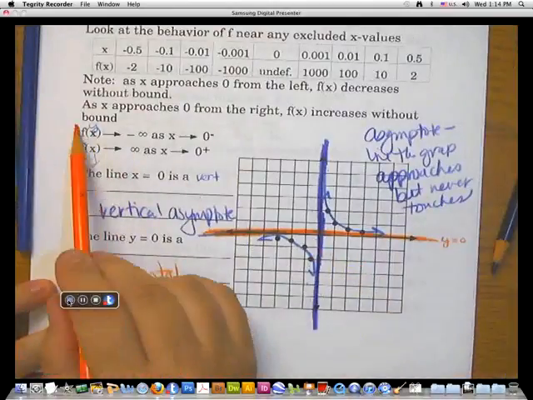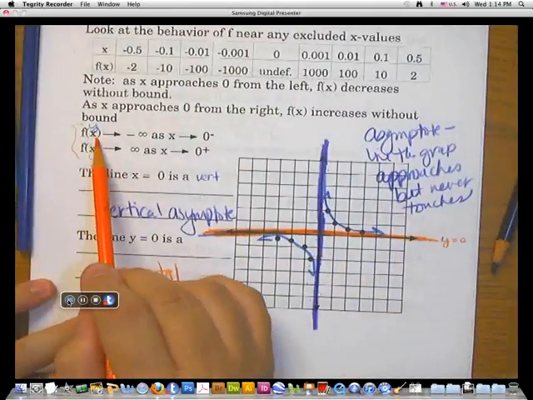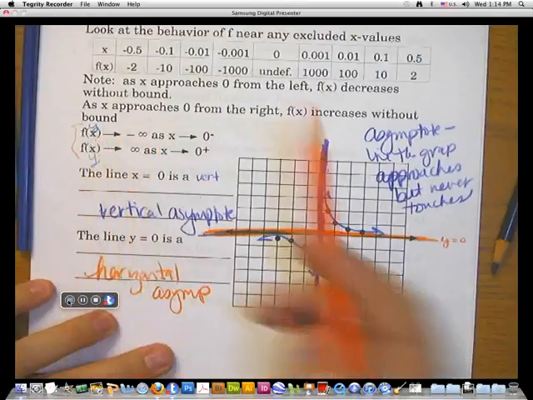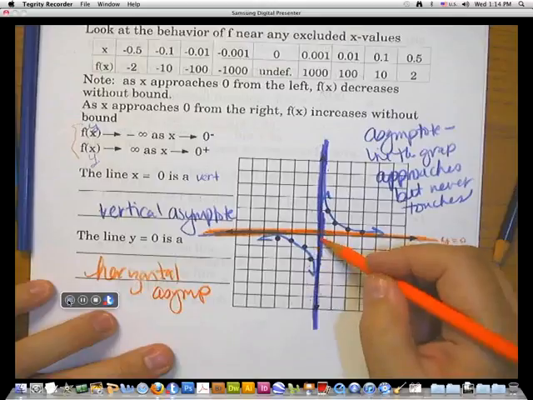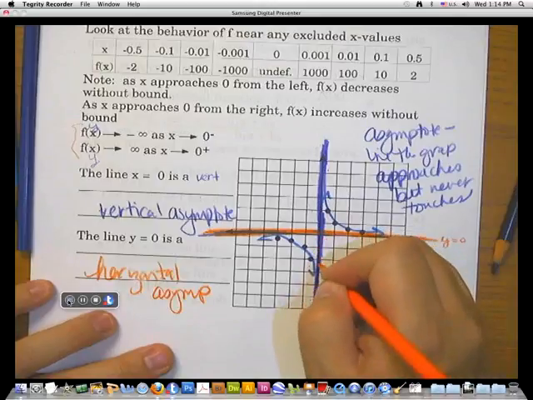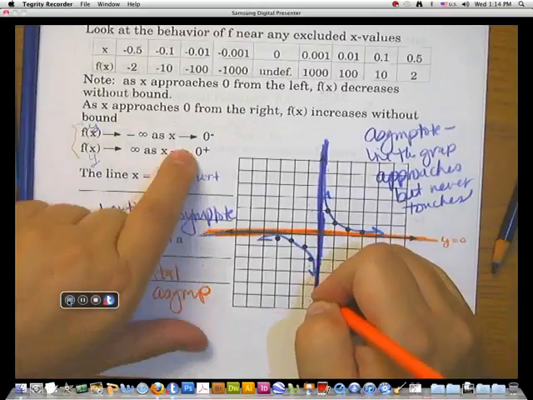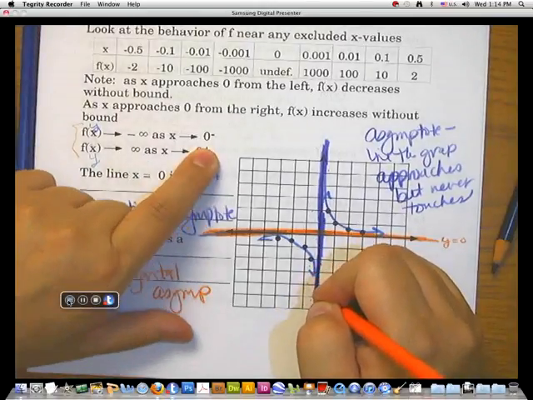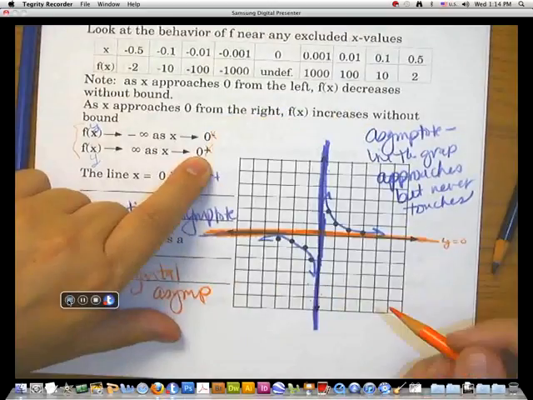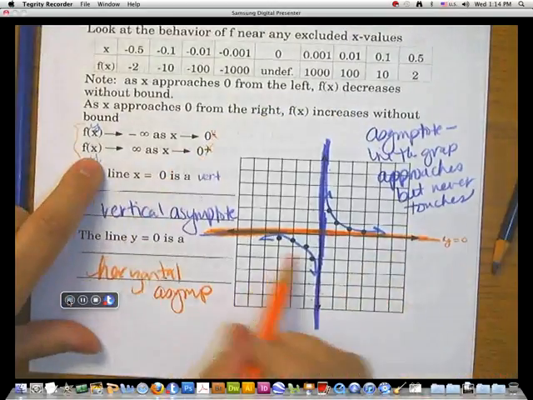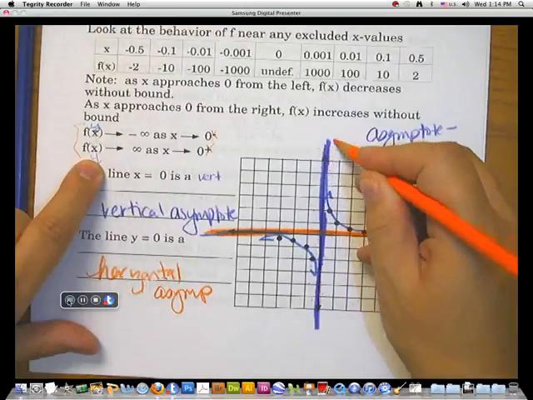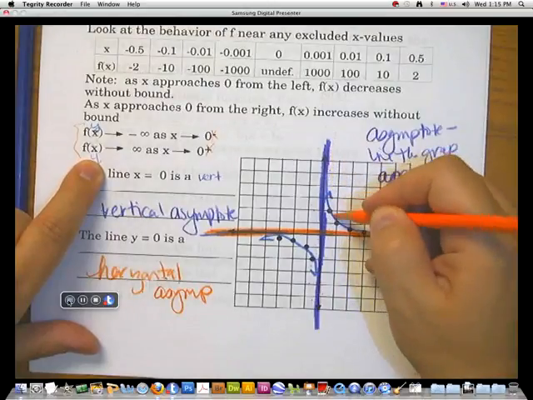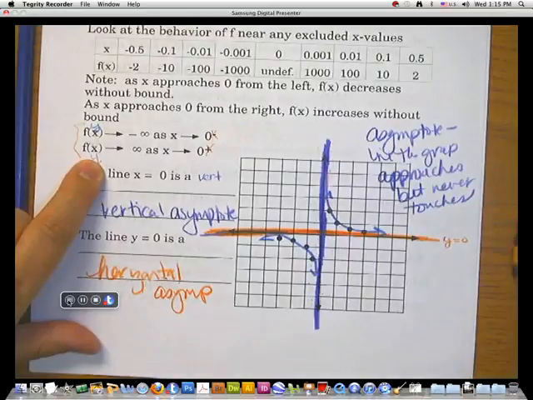As the y's, and I'm going to come back up here, as the y's approach negative infinity, so here are my y values, as I get closer and closer down here with y's, my graph gets closer and closer to x equals 0. We don't need to worry about that negative, positive stuff. As my y's get closer and closer to positive infinity, notice my graph is approaching 0 as well.